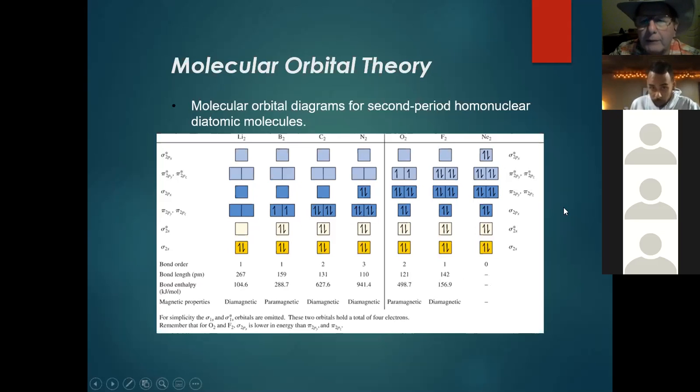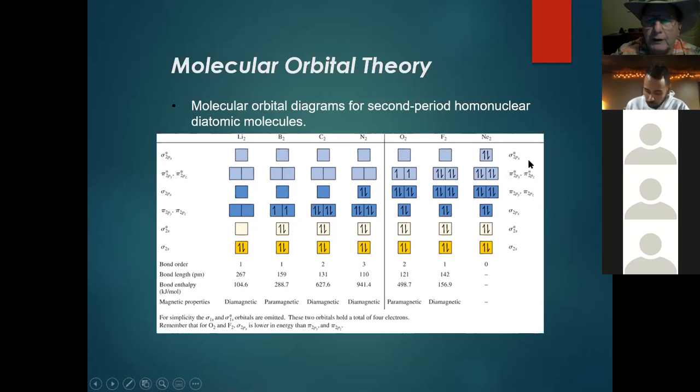Okay. Bottom line, guys, when you're doing these orbitals, know that when you go up to nitrogen, they fill sigma 2s, sigma antibonding 2s, pi bonding 2px, pi bonding 2pz, sigma 2p, then antibonding 2px and 2pz, then sigma antibonding 2p.